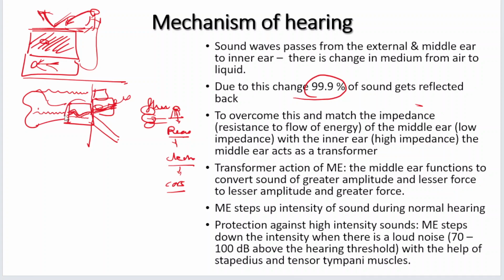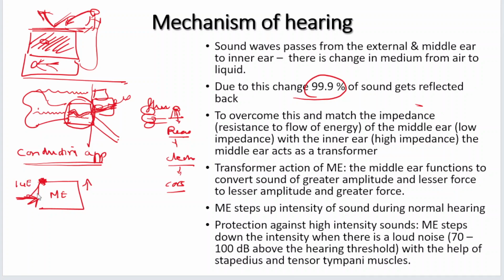That is why the middle ear is not just a conductive apparatus. For a long time, I used to understand that the middle ear is just conducting the sound. It is actually increasing the amplitude of the sound, increasing the force of the sound. As we are going to see, the middle ear steps up the intensity of the sound. Suppose you are getting a sound at, say, 1 unit of energy.